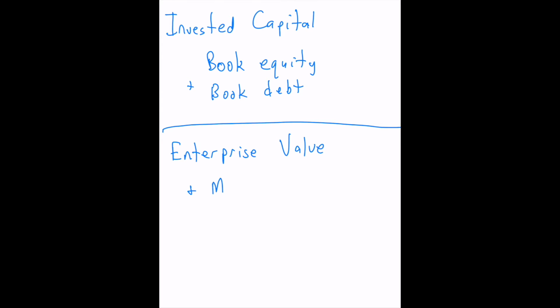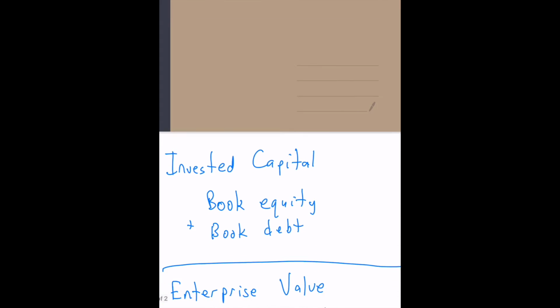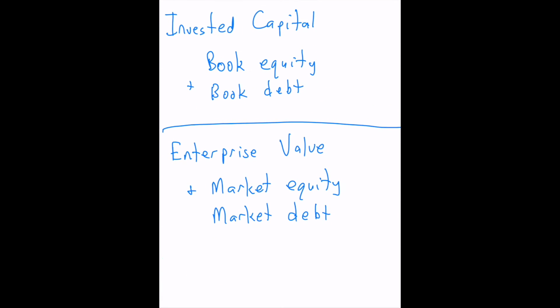It's the market equity, which is often called the market cap, plus the market debt. So I'm going to abbreviate this IC. I'm going to abbreviate this EV.